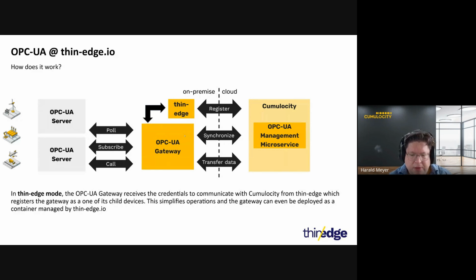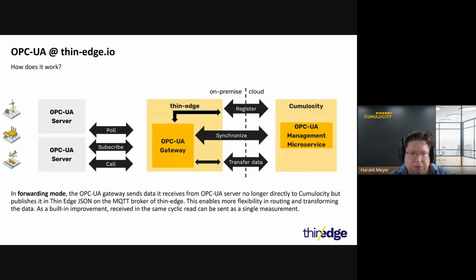And the new thing that we will have available very soon, so you are getting a preview of something that will be released in the next couple of weeks, is the ability to also use thin-edge to transfer the data. So after the OPC UA gateway has been configured with device protocols to know which data to send to Cumulocity, it will then send the data no longer directly to Cumulocity, but instead it will send the data to thin-edge, to the MQTT broker.